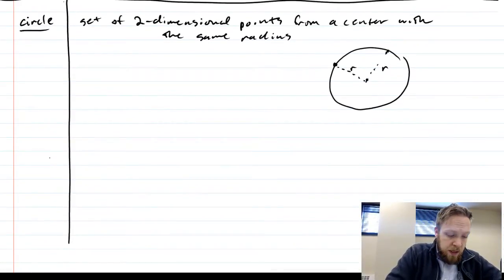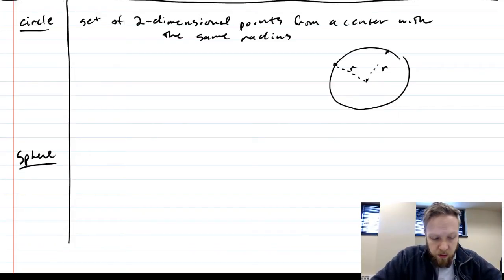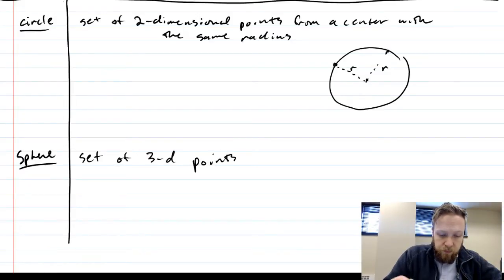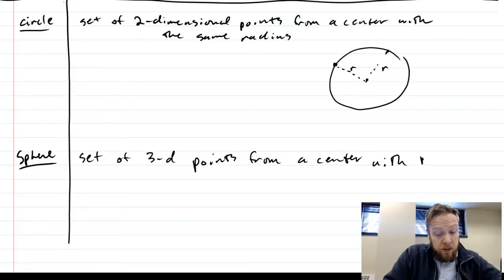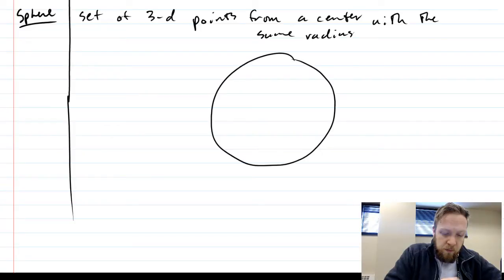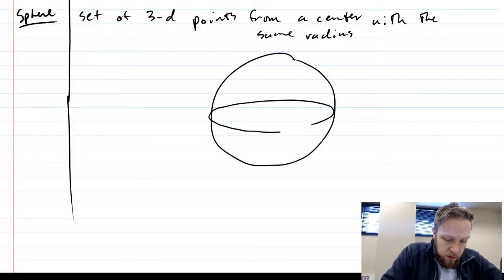So the next step is to think about, well, a sphere is a 3-dimensional circle. So we would call this the set of 3-dimensional points from a center with the same radius. Okay, there's probably an easier way to say that, but if I want to draw a sphere, draw a big circle like that, and then draw an axis like that.